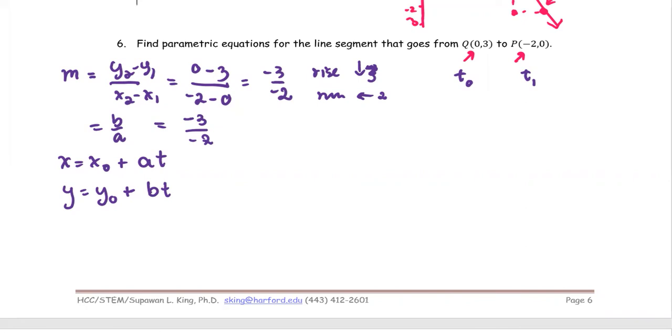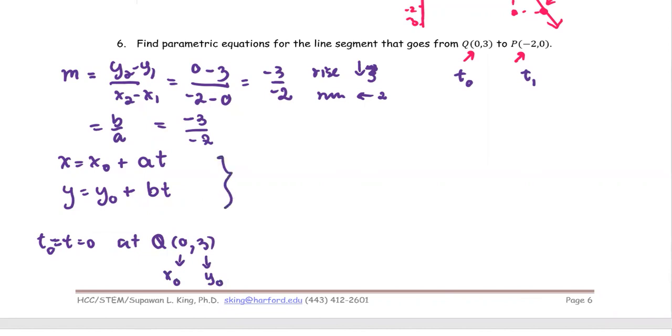So in this case, since t equals 0 represents the starting point for t0, it occurs at Q, the coordinate (0, 3). So x0 is 0 and y0 is 3.